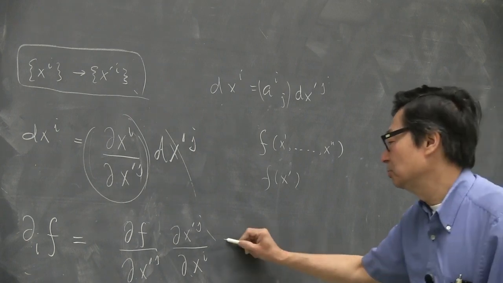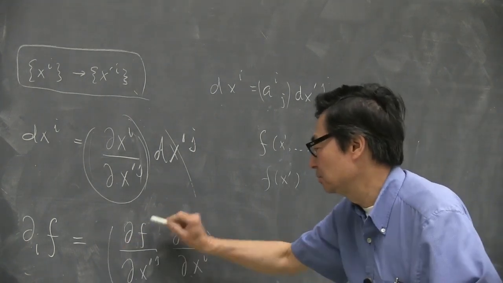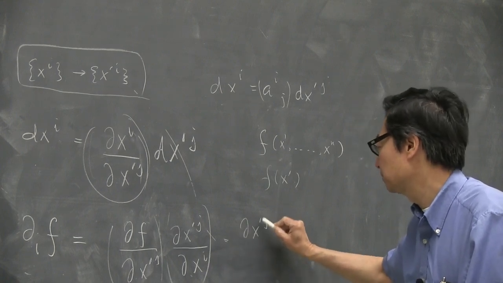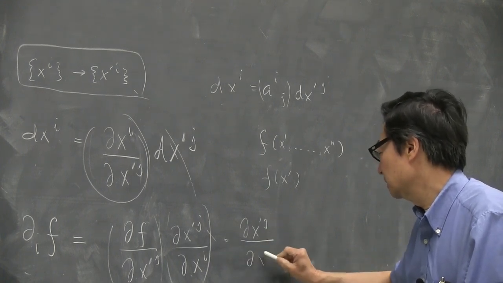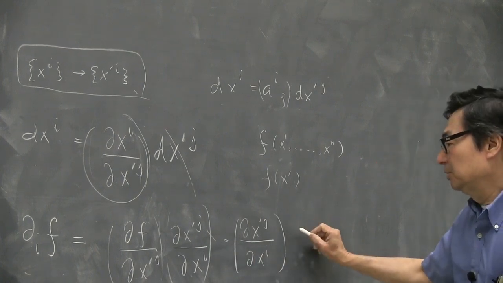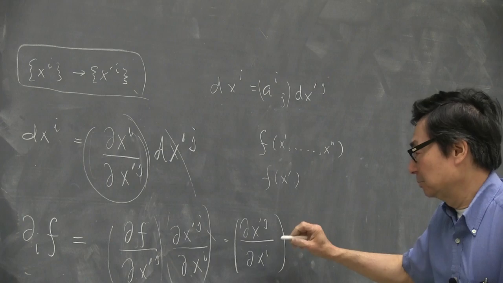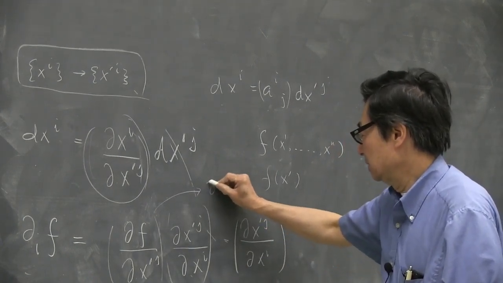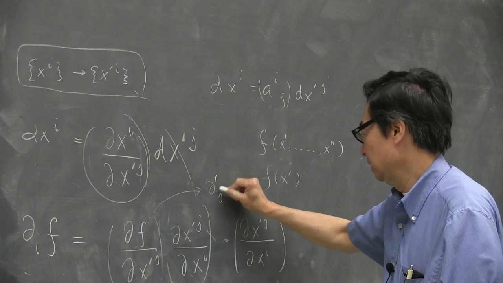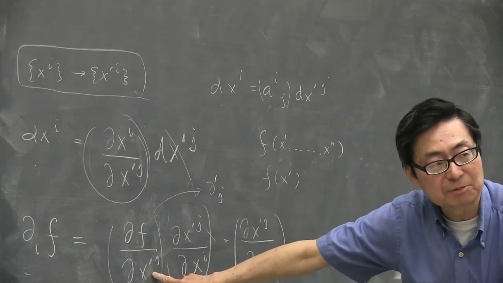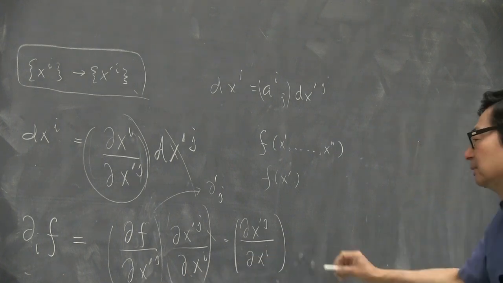And so I can write this, switch these two factors around. I write this as dx prime j by dxi, df dj. But now I'm going to adopt the notation d prime j. Prime means it's differentiation with respect to the primed coordinate.